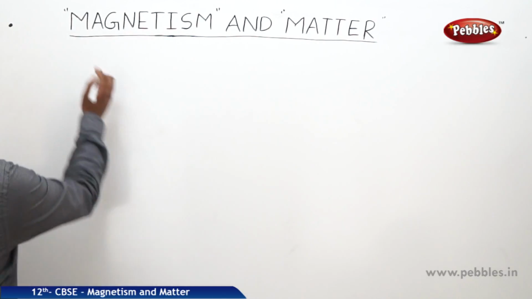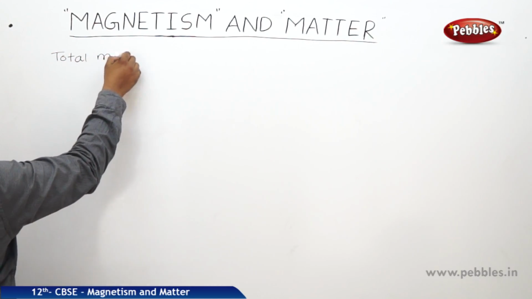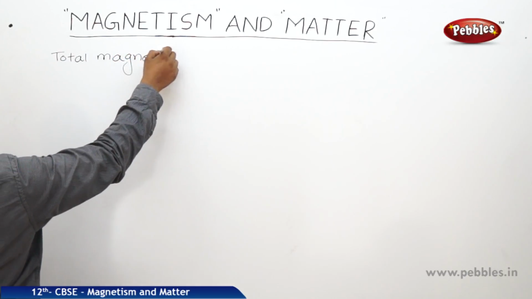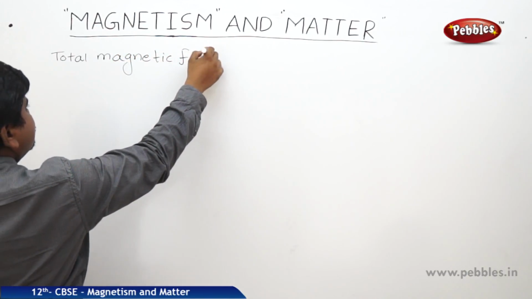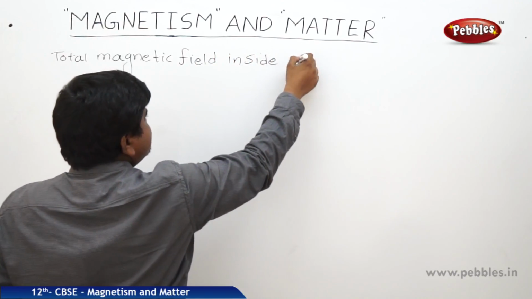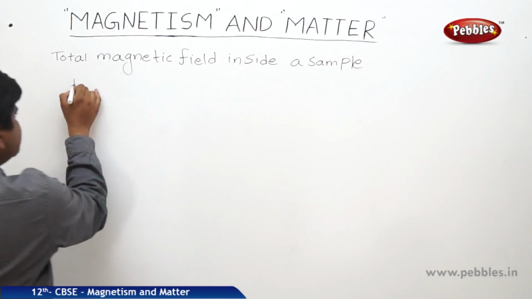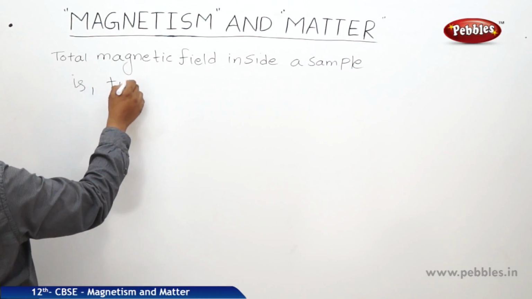The total magnetic field inside a sample is of two types.